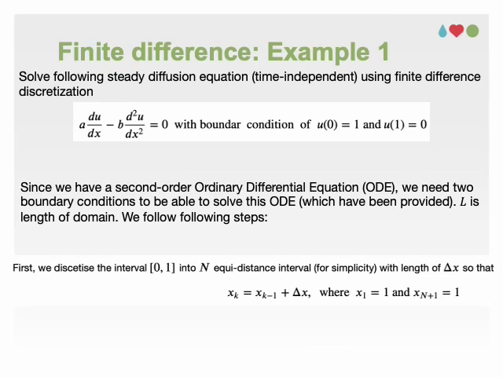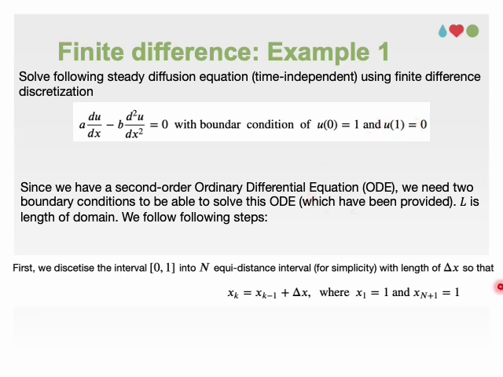As the first example, consider the following ordinary differential equation along its length and some boundary conditions at each end. This type of boundary condition is called Dirichlet boundary condition. This is a second order ordinary differential equation with two given boundary conditions on interval 0 and 1.